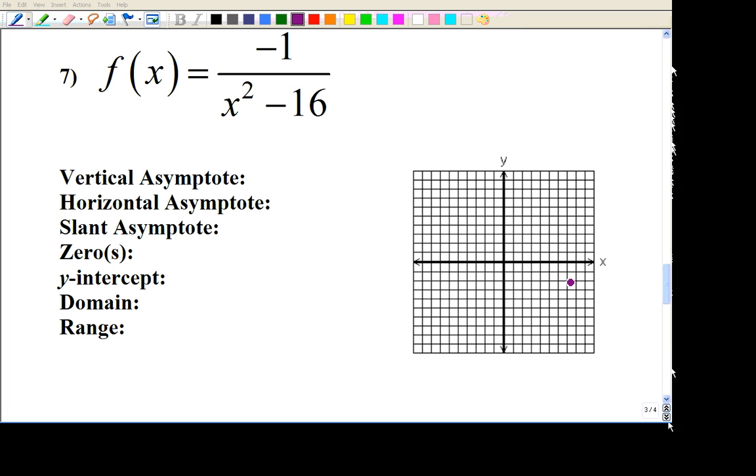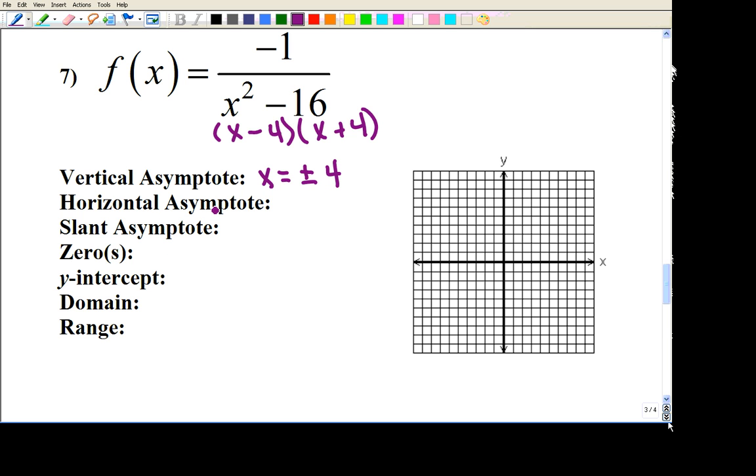Number 7. f of x equals -1 over (x squared minus 16). Again, I'm going to always factor if I can. So I have (x minus 4) and (x plus 4). So I've got two different things in my denominator here. So I've got two different vertical asymptotes as well. So I'll have one at +4 and one at -4.